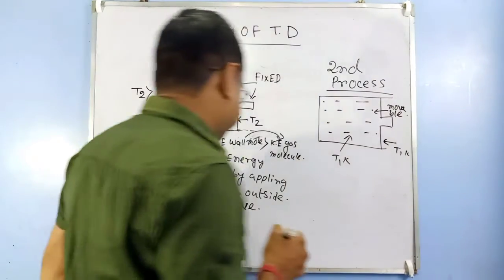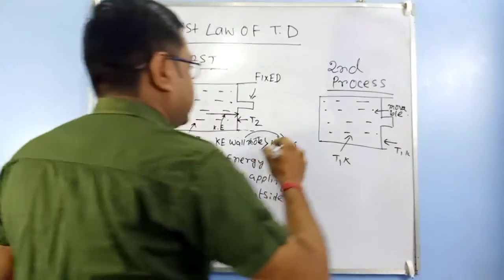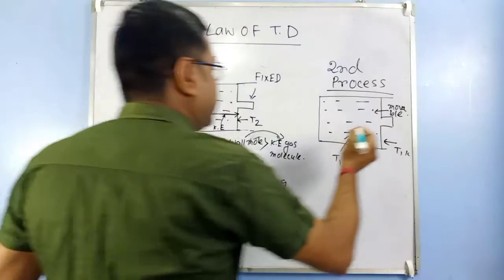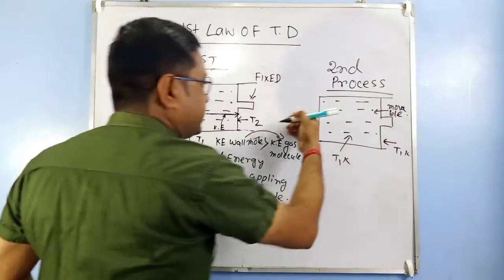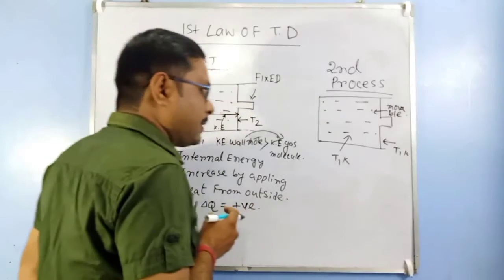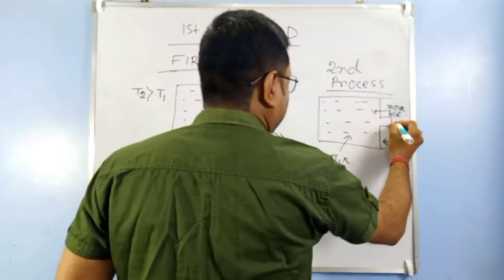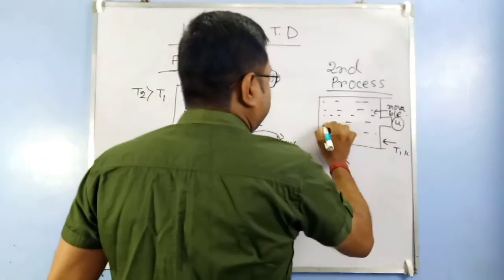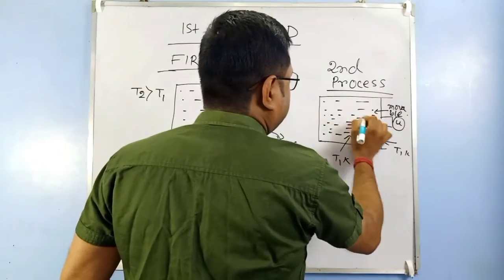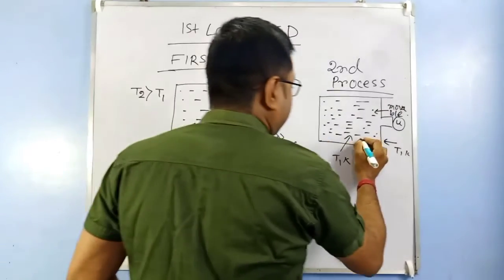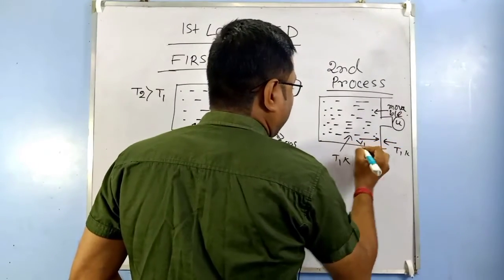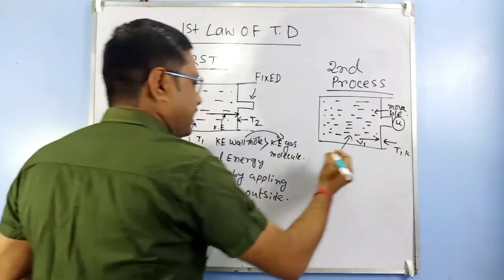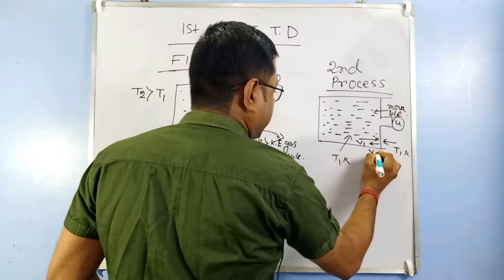In the second process, the temperature is not given from outside, but the piston is moved in the inward direction with a velocity u. Now we know the gas molecules randomly collide with each other, and they go with velocity v1, collide with the piston and rebound back with velocity v2.